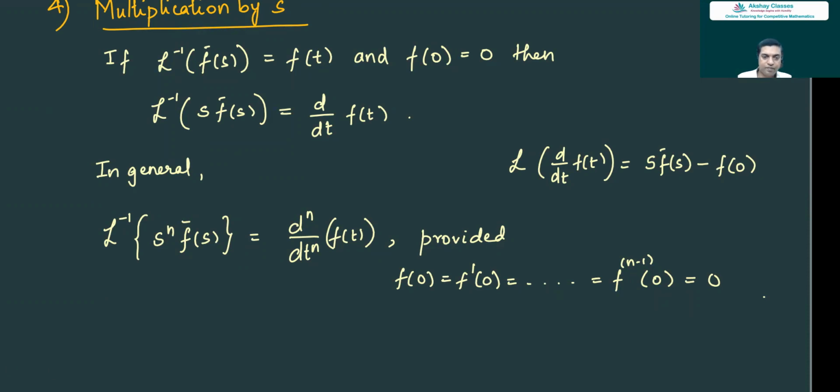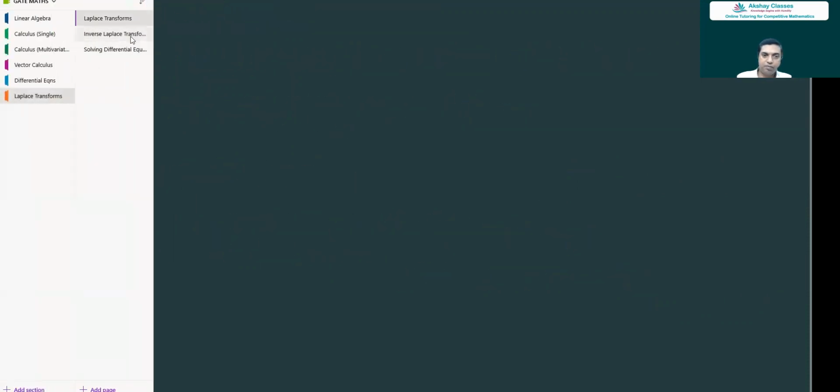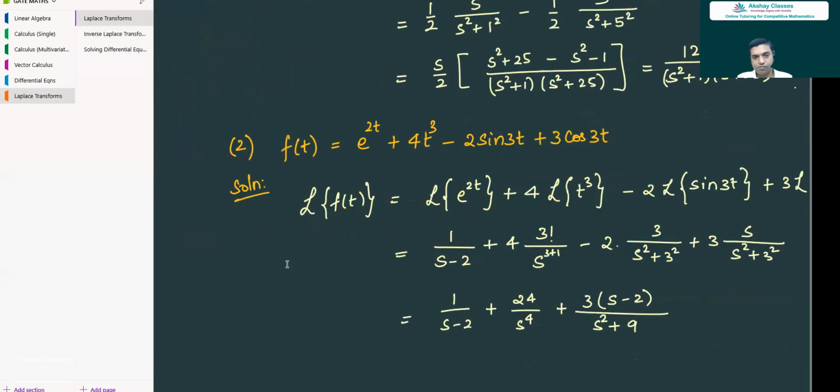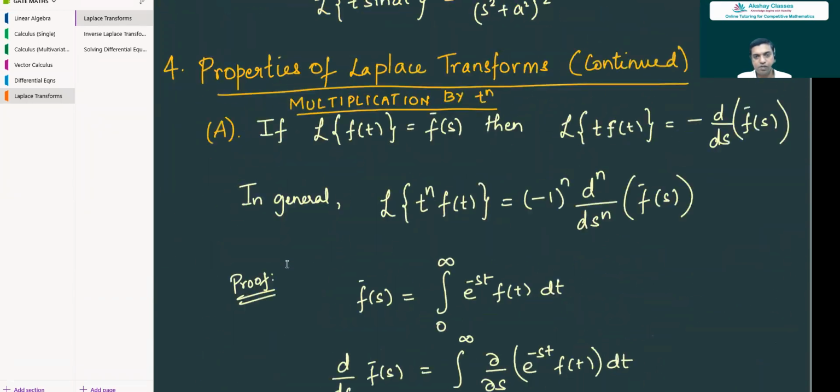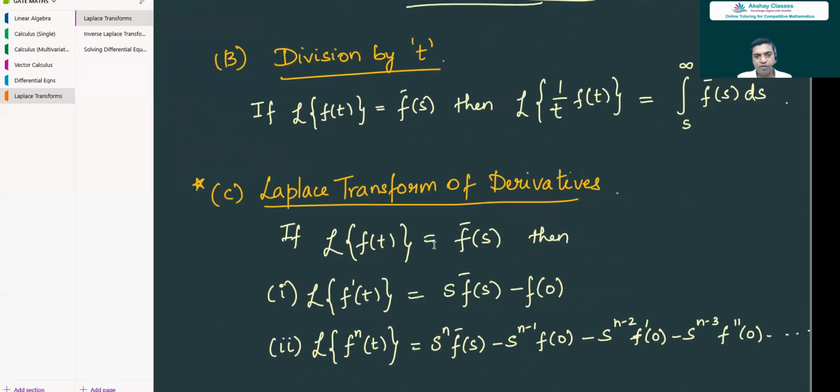Okay, because that's the general formula for multiplication. Multiplying by t power n.